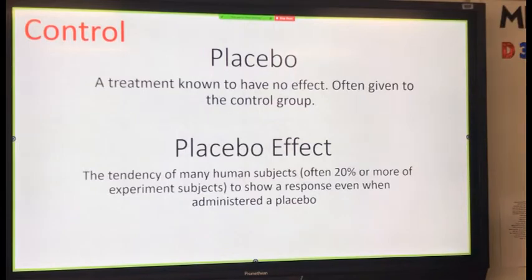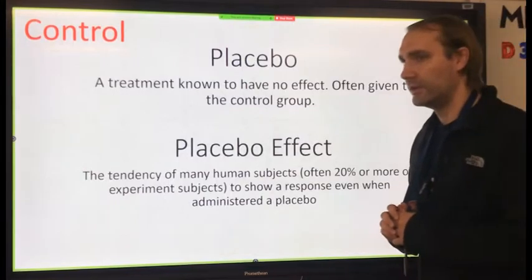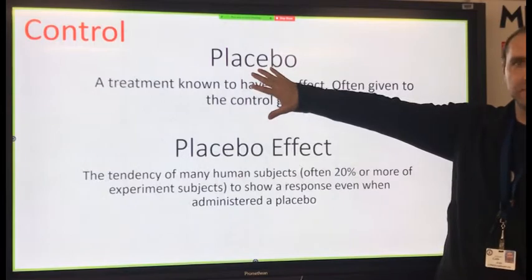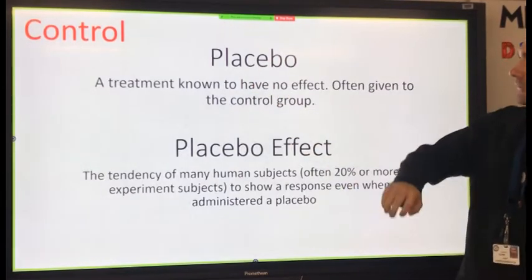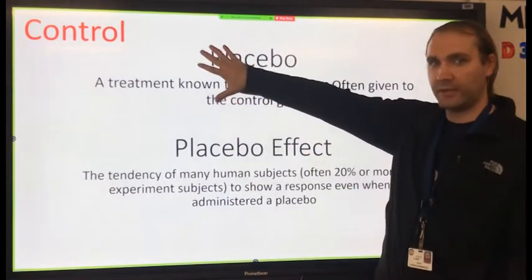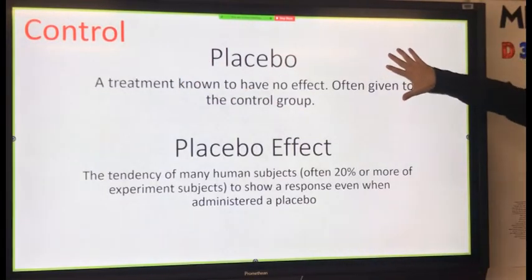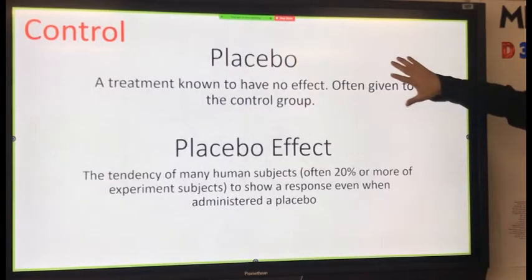Control. One way we can use control is what's called a placebo, a treatment known to have no effect, often given to the control group. So the most common example here is drugs, medical pills. You want to give your control group a placebo pill, a pill that doesn't do anything. Usually it's just a sugar pill. And then you want to give the others the Tylenol, the actual drug, to see if it has the effect you're looking for.